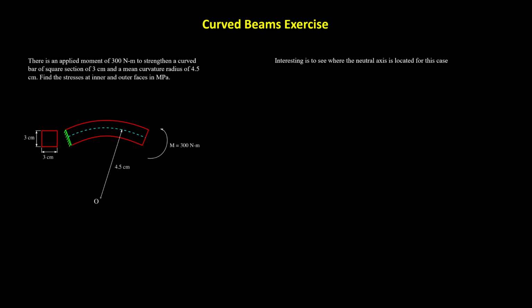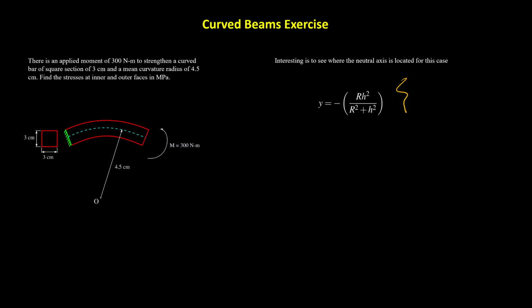We know that when we have a curved beam, the neutral axis of this beam, which is the axis where the stresses are zero, is not coincident with the centroidal axis of the section of the beam. In this case, from the lecture material, we know that the position of this neutral axis we calculated using this formula here.